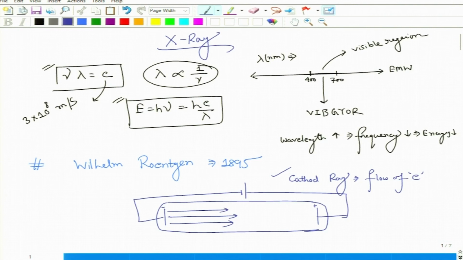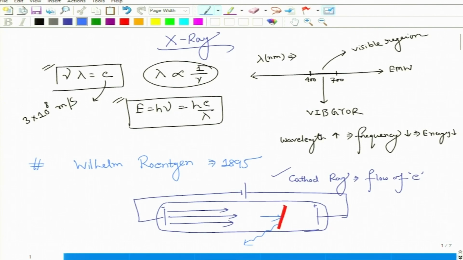Okay, these things we know. So this is the cathode ray, electrons moving in the cathode tube, and Röntgen kept a solid here, some solid species in the trajectory. What he obtained was that when this cathode ray collided with this metal, one ray came out from that metal, an unknown ray.